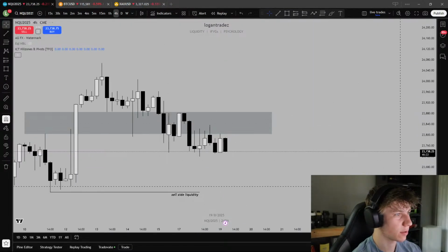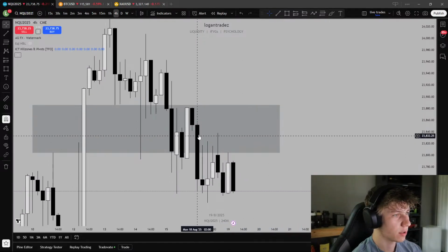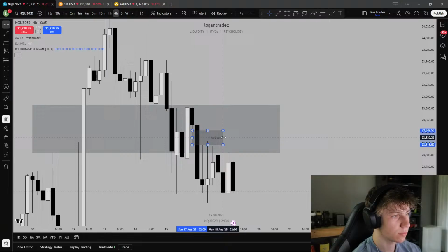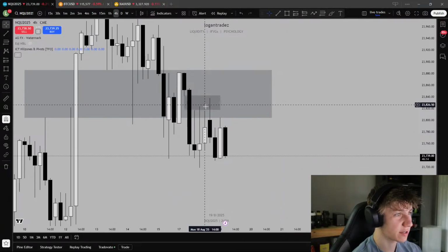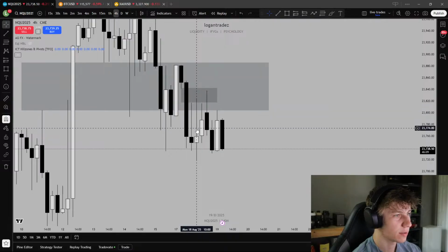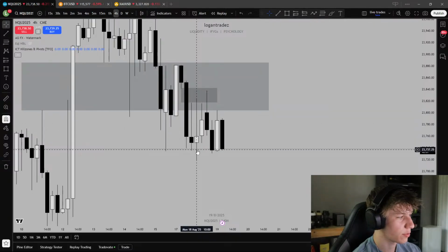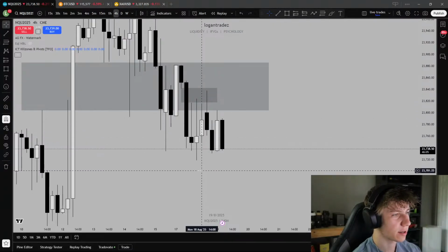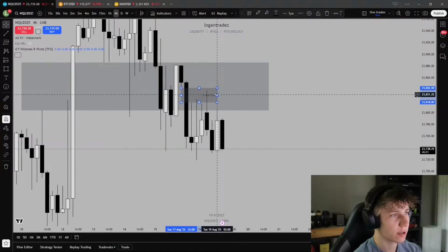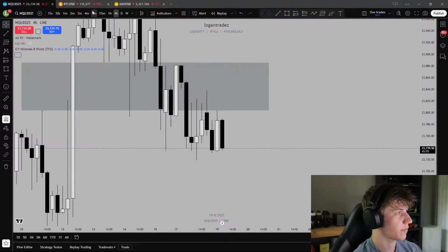We held this 4 hour throughout yesterday, exactly like I wanted us to. Just unfortunately didn't get the delivery when we wanted because we entered off this first tap and we came down to previous day low, came back up, and then took out previous day low. So didn't get the delivery we wanted, but there was a setup for that yesterday.